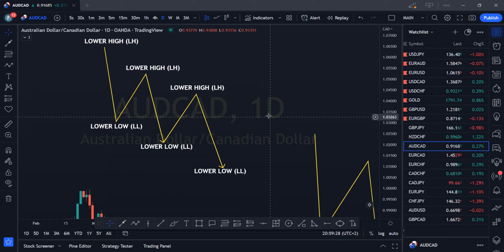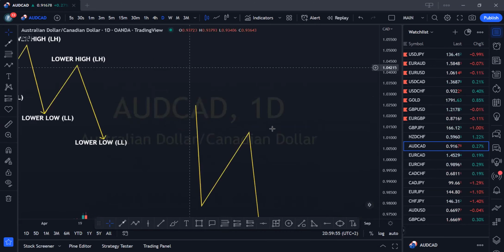You want to trade with the trend. So if price is going downwards, you want to be looking for opportunities to sell. And based on our previous topic, resistance, we sell at resistance.